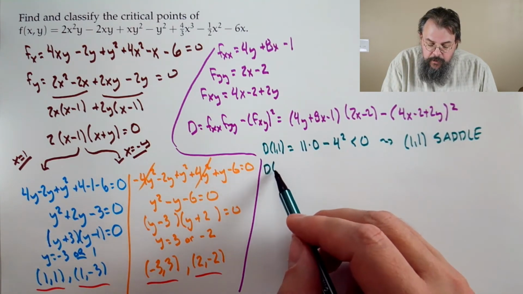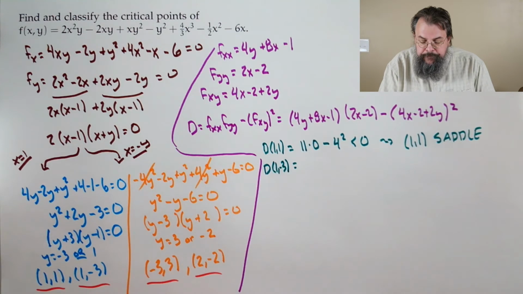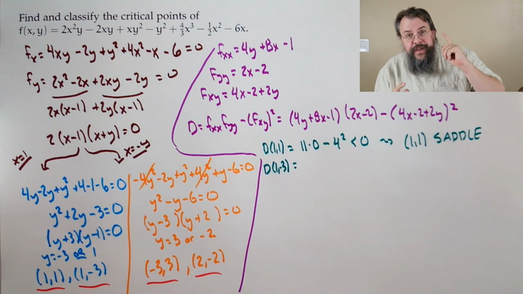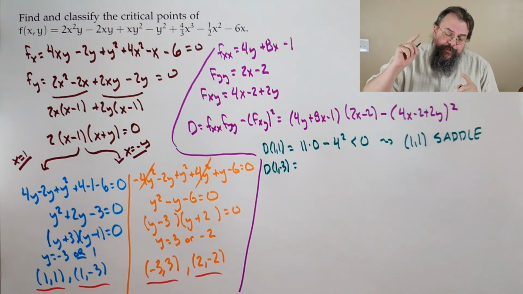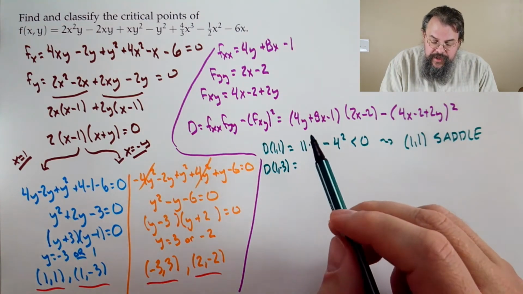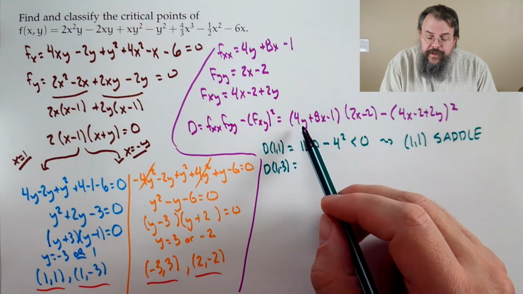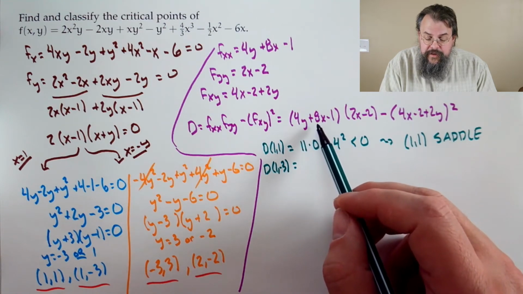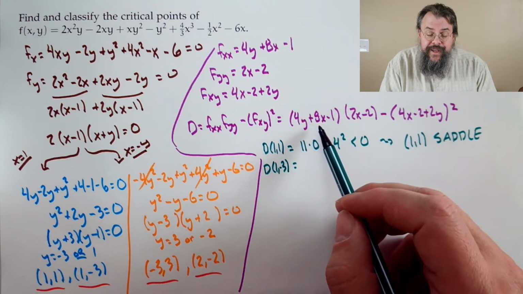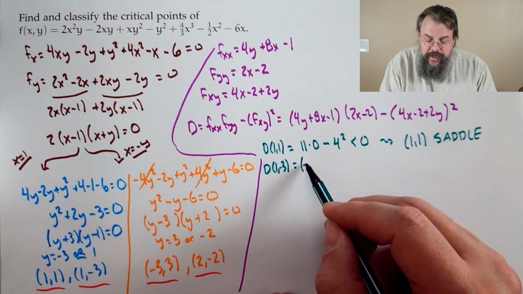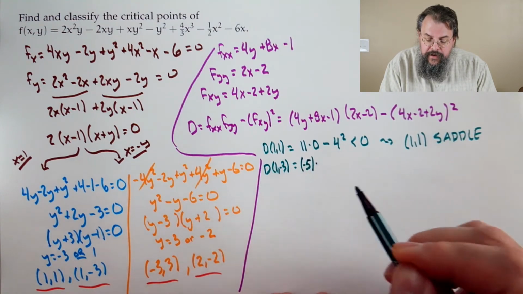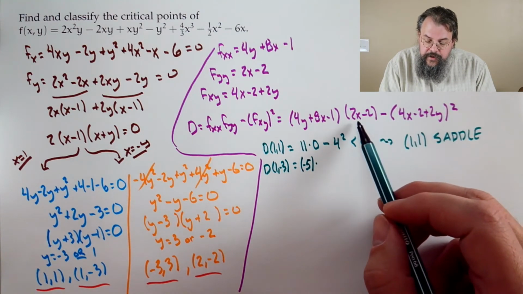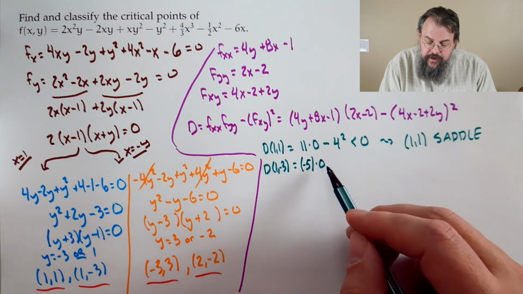What happens if we plug in 1, negative 3? Okay, so let's be careful here. Wherever we see an x, we put a 1, or we see a y, we put a negative 3. So negative 12 minus 1, that's minus 13, plus 8. So put that together, we're going to get negative 5. Okay, now x is still 1. 2 minus 2, 0.